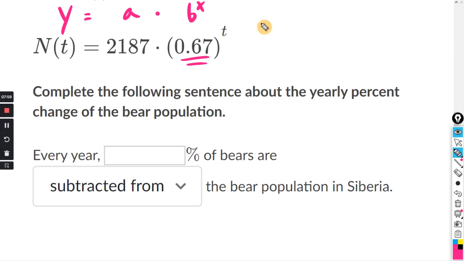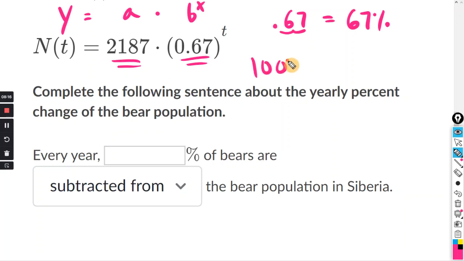Okay, so you start with, well, let's see, 0.67. If you convert that to percentage, just move the decimal over 2 places, and that is 67%. Okay, so you start with 100% of something, and you take 67% of that thing.